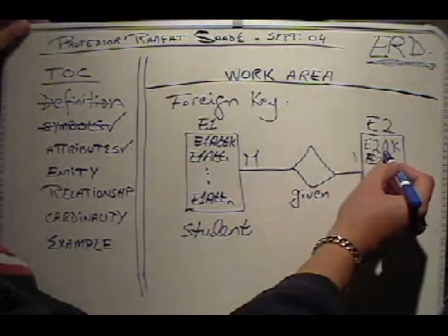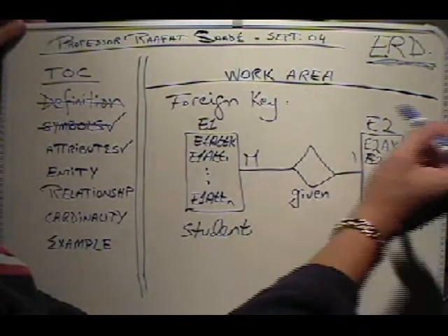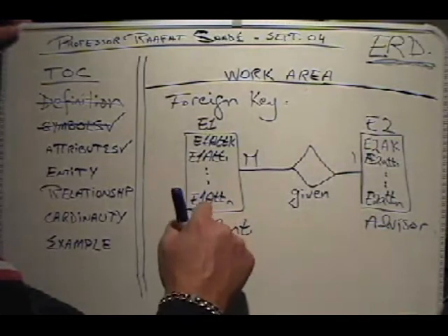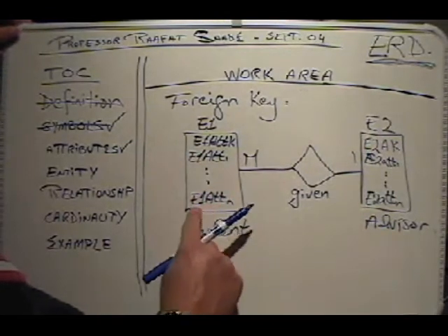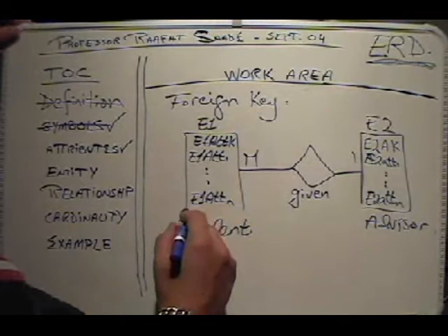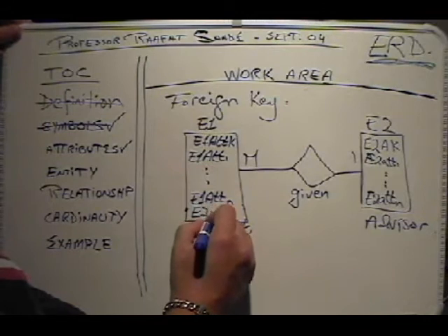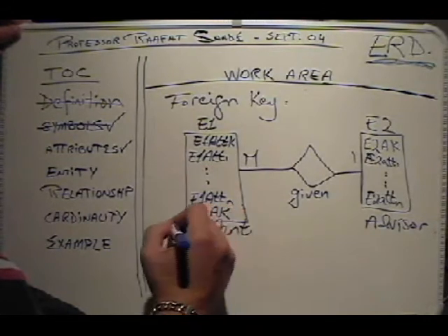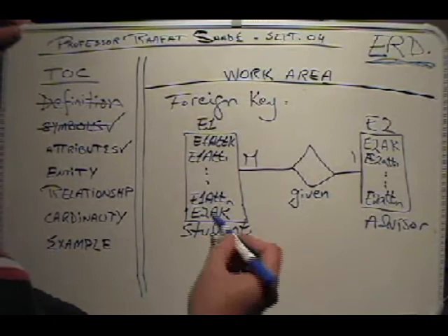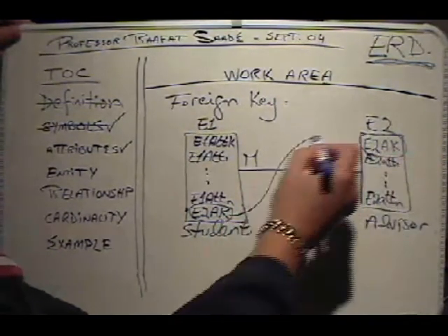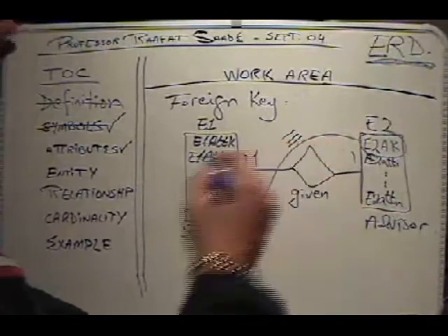We take the entity 2 primary key and we add it here in this entity. In essence, if I just expand it, I call this entity 2 AK. Entity 2 AK. This and this are the same. Why?